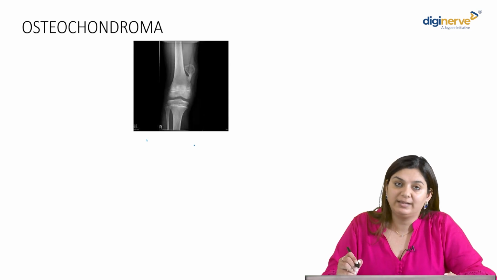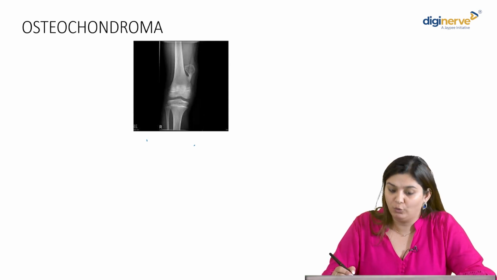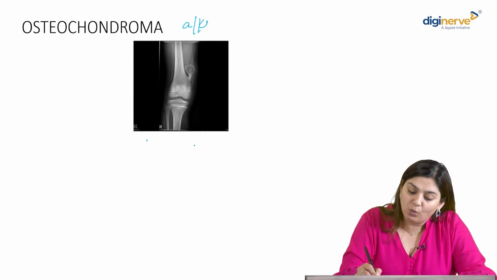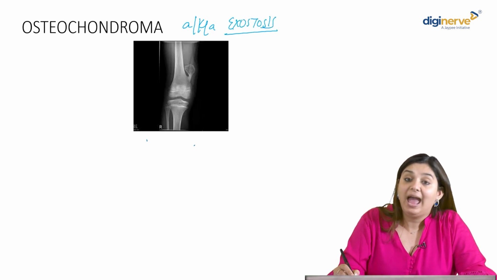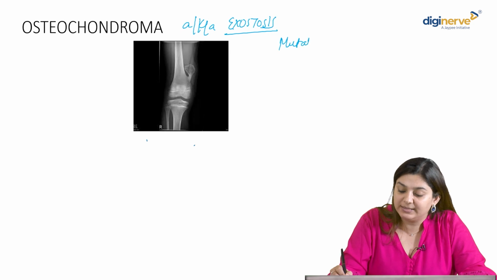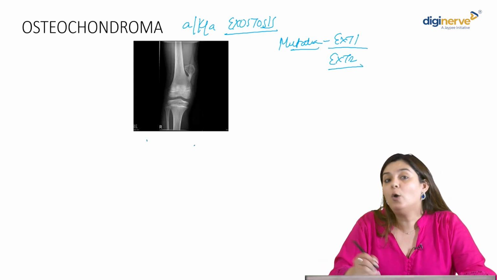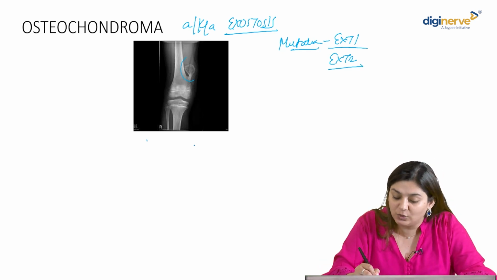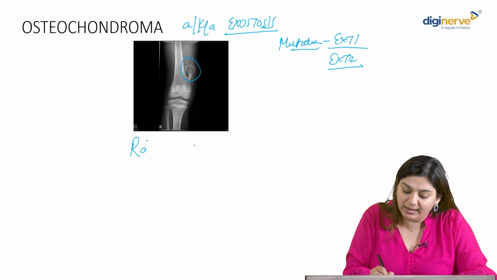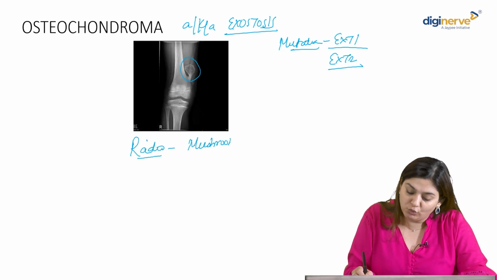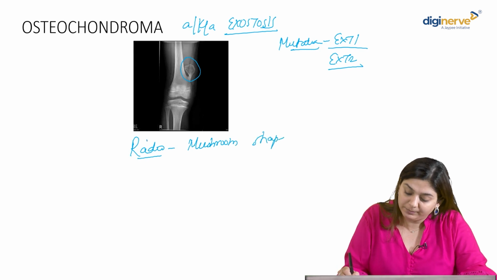Now we come to the next tumor, that is osteochondroma. It is also known as exostosis, and the mutation present in it is the EXT1 and EXT2 gene. Now if you see radiologically, can you see this growth? This is looking like a mushroom shaped growth.